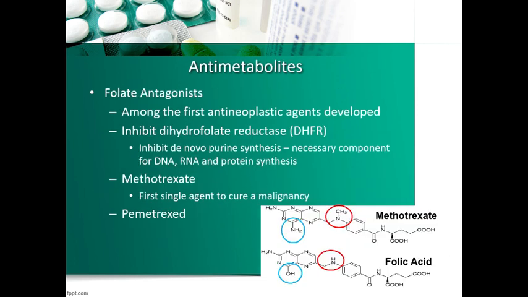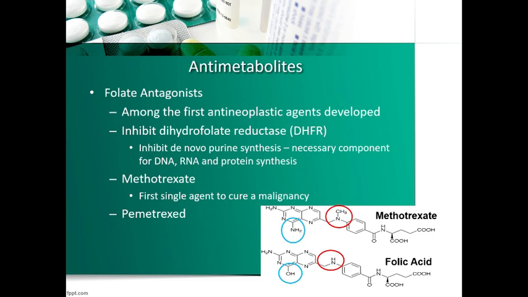So the first one here is our folate antagonist, methotrexate, which hopefully everyone is somewhat familiar with. This inhibits dihydrofolate reductase and inhibits de novo purine synthesis, which is needed for DNA and RNA synthesis as well as protein synthesis. So you can see here folic acid, which is B9, is structurally very similar to methotrexate.